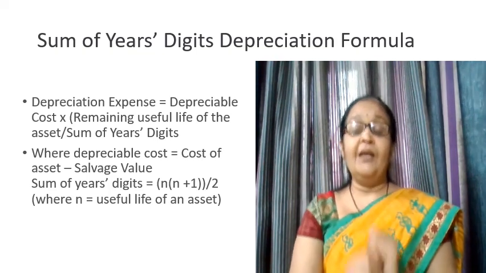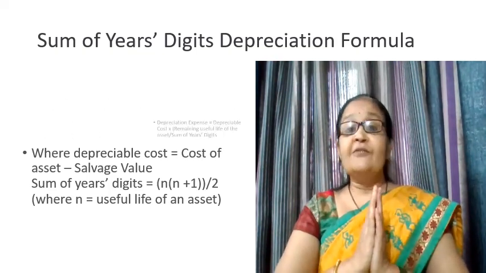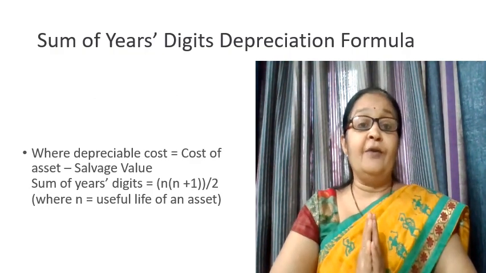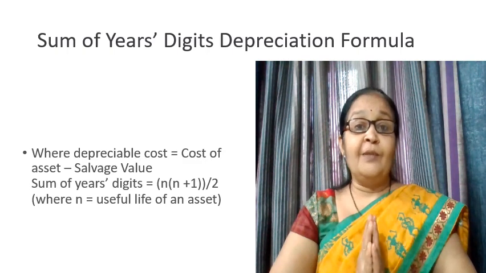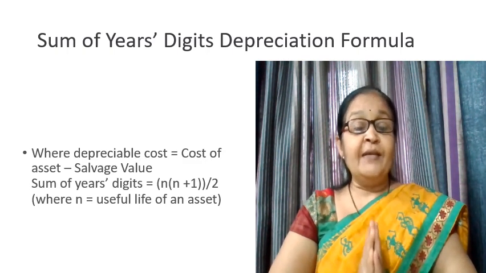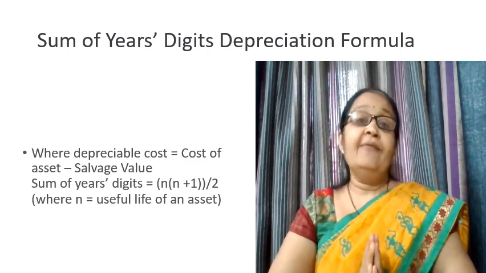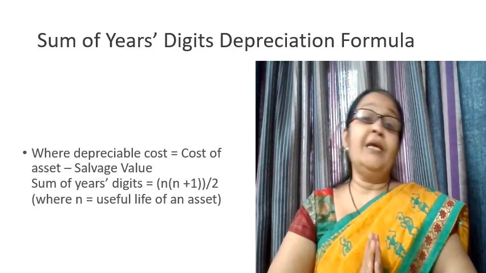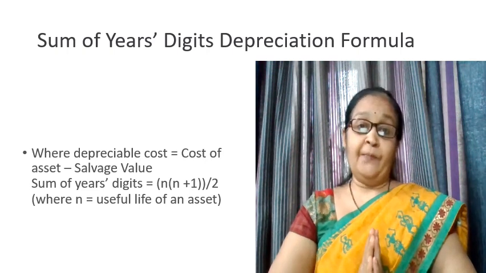Say, for example, the life of the machine is 5 years. Then we will be replacing n by 5. 5 into bracket 5 plus 1, that is 6. 5 into 6 is 30, divided by 2, so the sum of years digits is 15.